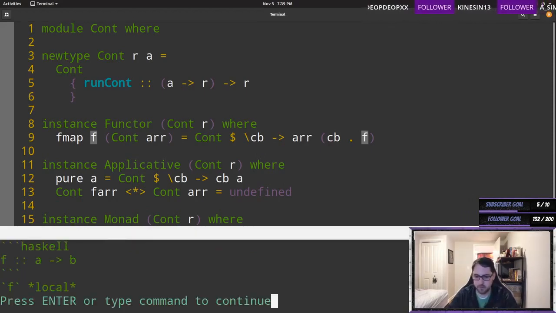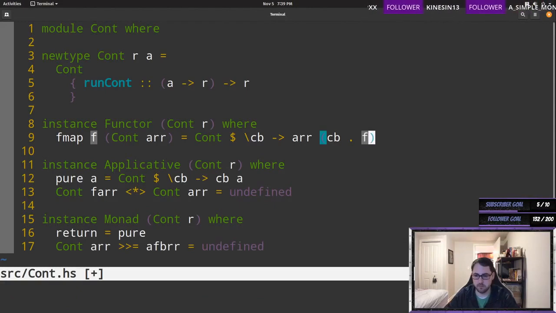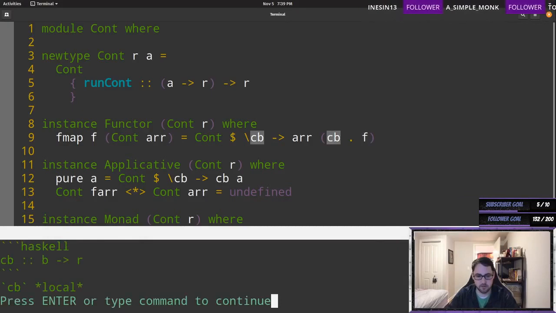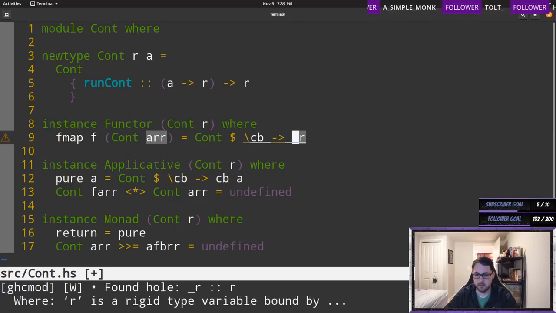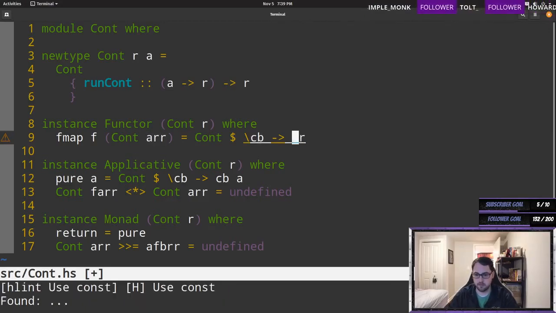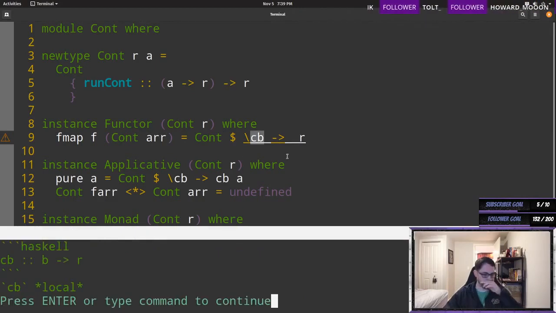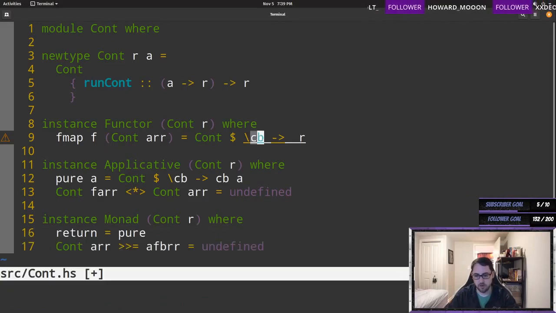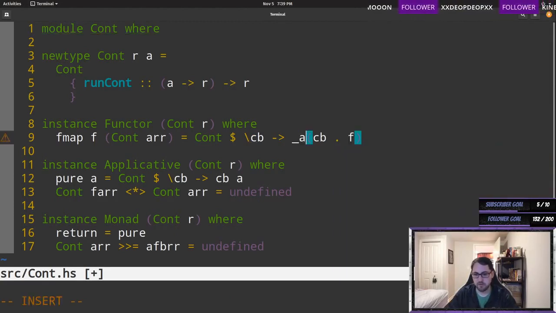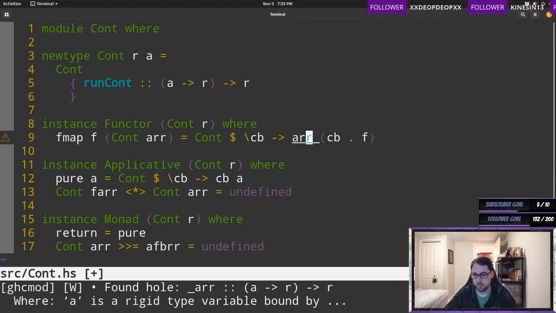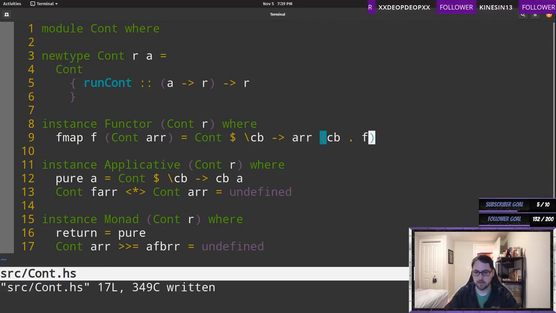Why does this work? So this is going to take an A to a B. Oh, right, I just need to do that. This is what I need to do. Okay, so I write this here, and I look at the callback. That's what gives this away: it's B to R. So I need to compose these two things to get me a B to R, and then I just stick that out there. That's the key. Okay, cool.